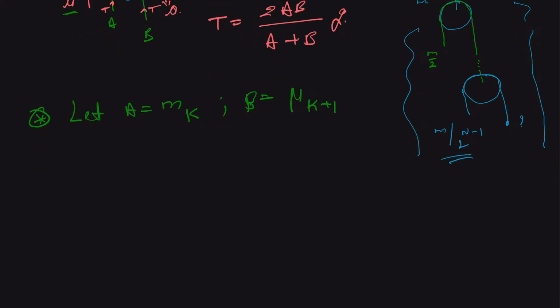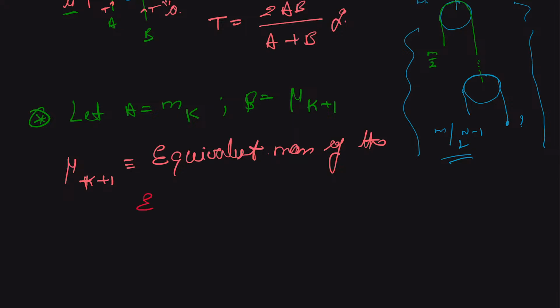So we can say that mu k plus 1 is the equivalent mass of the entire lower subtree.